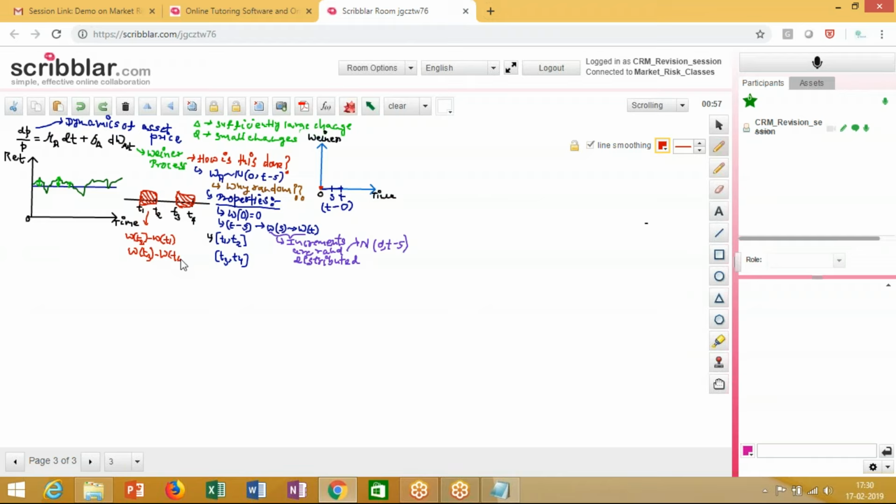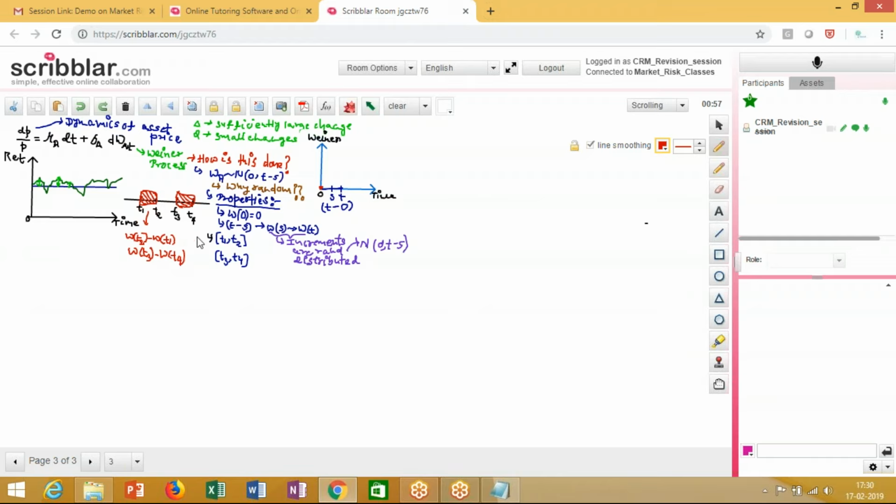So these are the two increments in two disjoint intervals, right? So this is your I1, this is your I2.